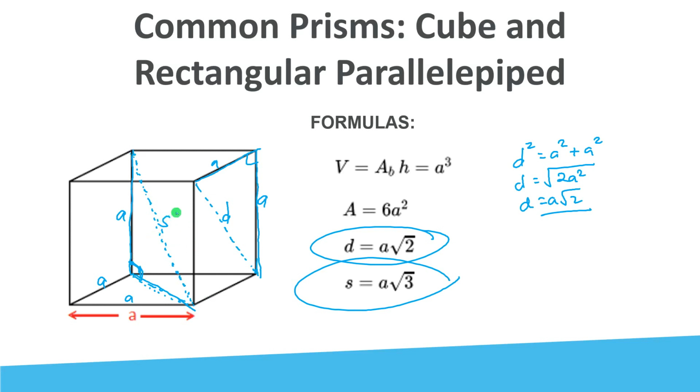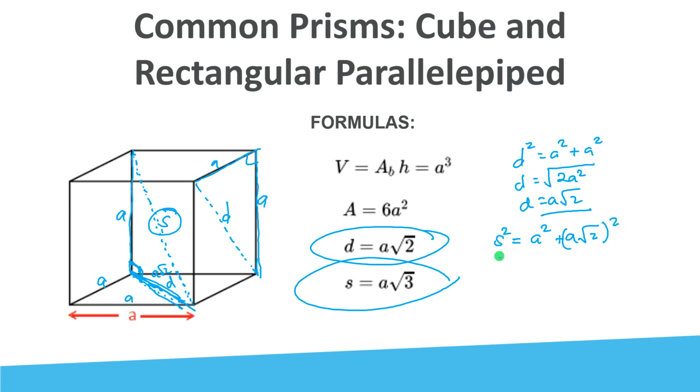Before solving this S here, compute first this face diagonal, which is D, which is A the square root of 2. So if this is A the square root of 2, then take again the Pythagorean theorem: S squared equals A squared, because S is the hypotenuse, and the other one is A the square root of 2, so take the square of that also.